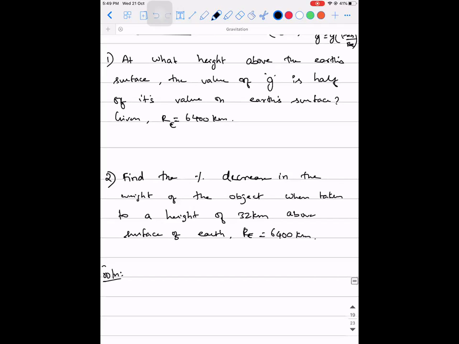So look at the first question. They are saying at what height above the Earth's surface the value of G is half of its value on Earth's surface. So solution for the first one.